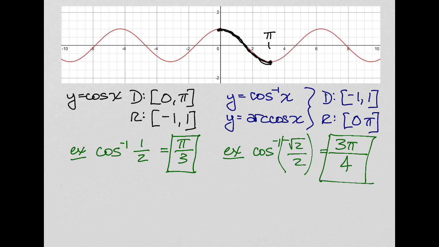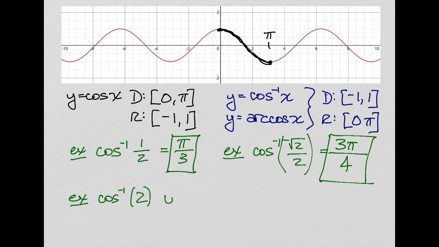Suppose I want to evaluate the inverse cosine of 2. If you stick this in your calculator, it will return error. And in fact, this is something that is undefined. It is not undefined because my calculator gave me an error.